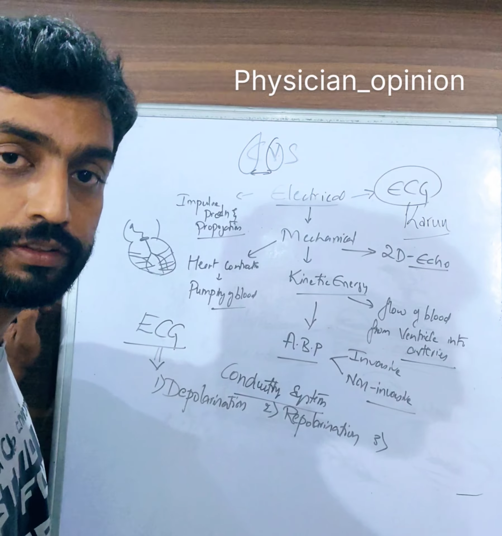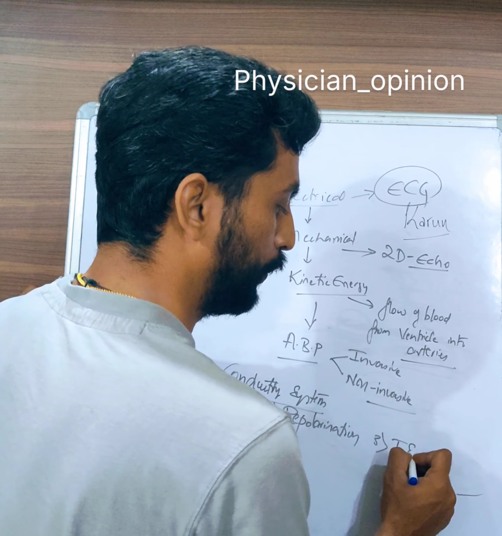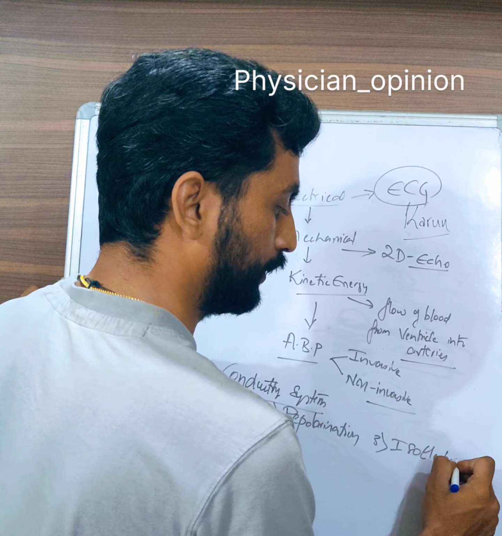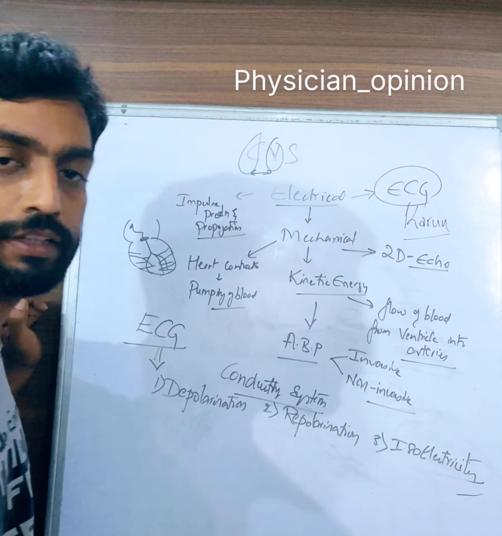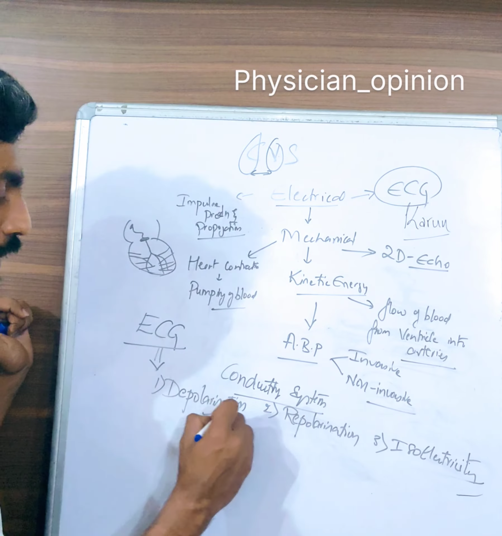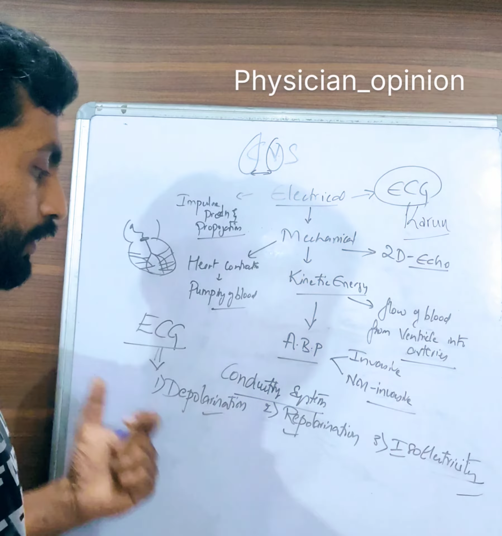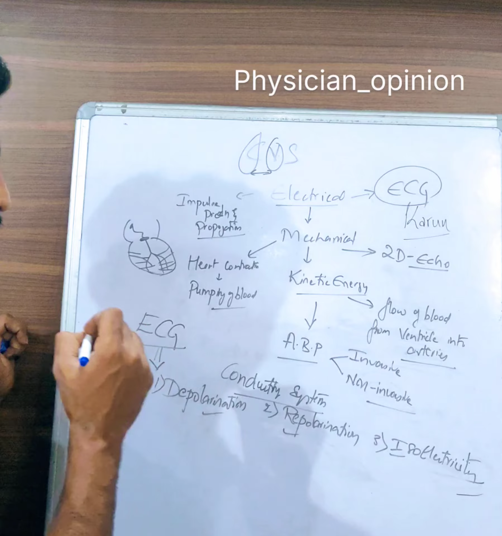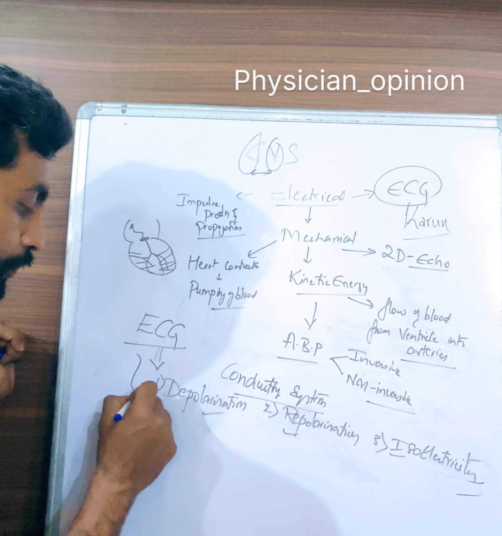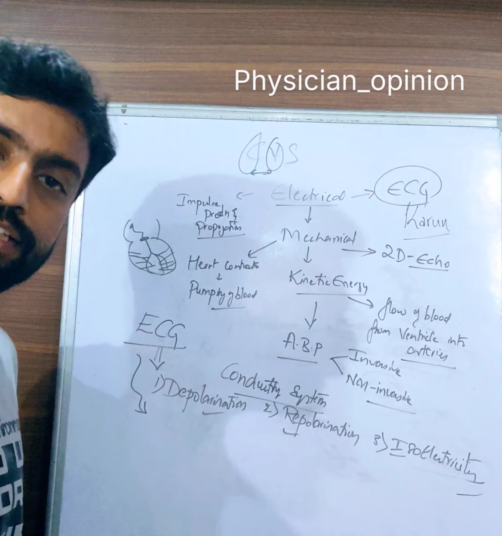And the third one is isoelectricity. So these are the three things which are seen on the ECG.